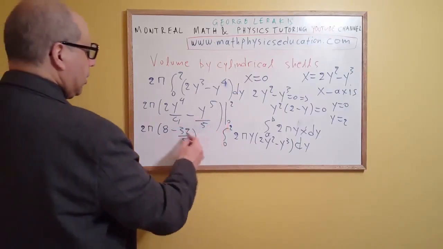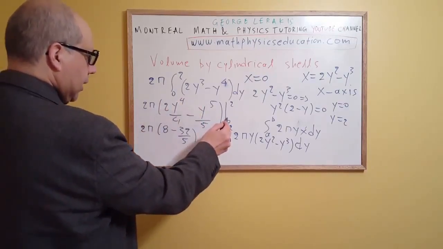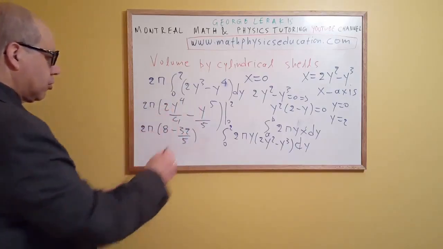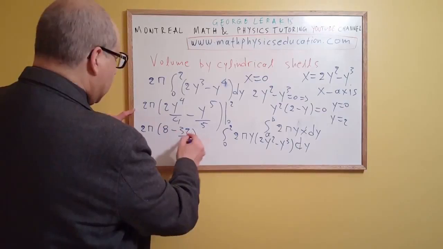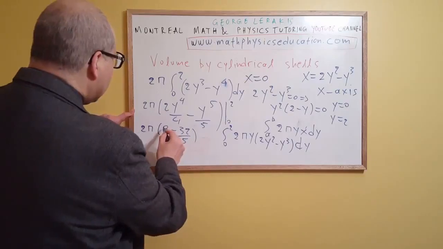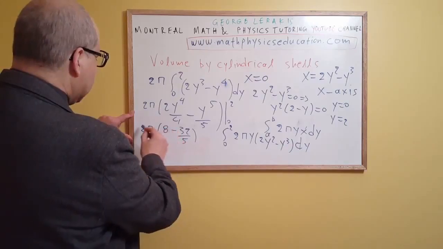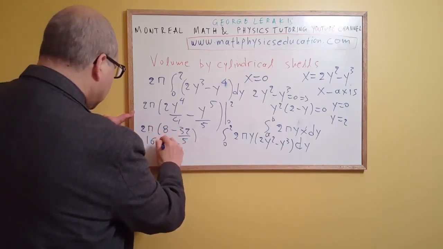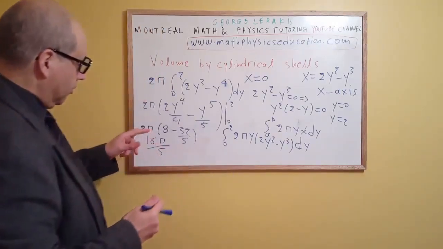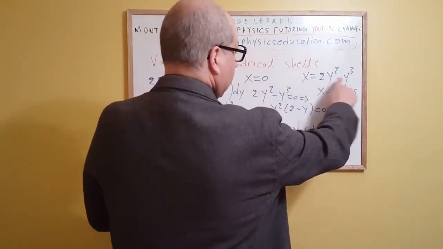And of course, when you subtract for y equal with 0, all this will become 0. So that's the only thing we have. If you want to fix this a little bit more, you multiply this by 8, so that will be 40 minus 32, that should be 8. So 8 times 2 is 16 pi over 5. That's the volume of the solid that is created when you rotate the graph of this function around the x-axis.